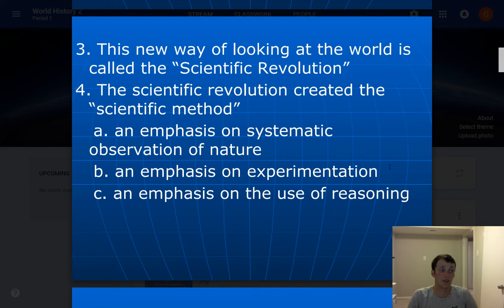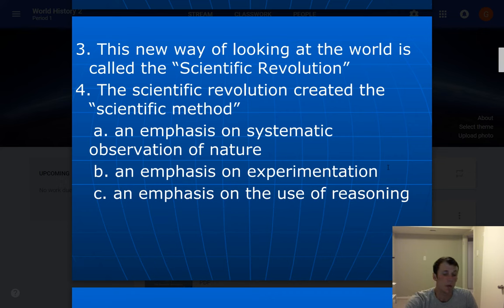And one thing that you should be aware of is that the scientific method is based around an emphasis on observing nature, right? Systematic observation of nature through experimentation, and using your logic and reasoning skills to come to some sort of conclusion. We looked at the scientific method a little bit in class.